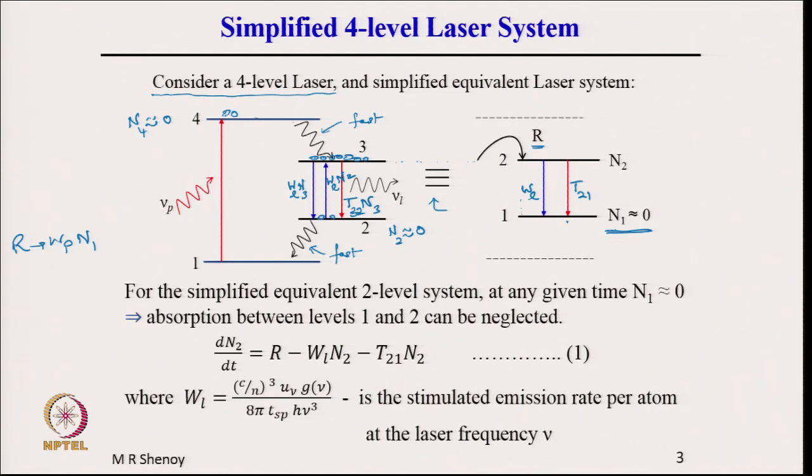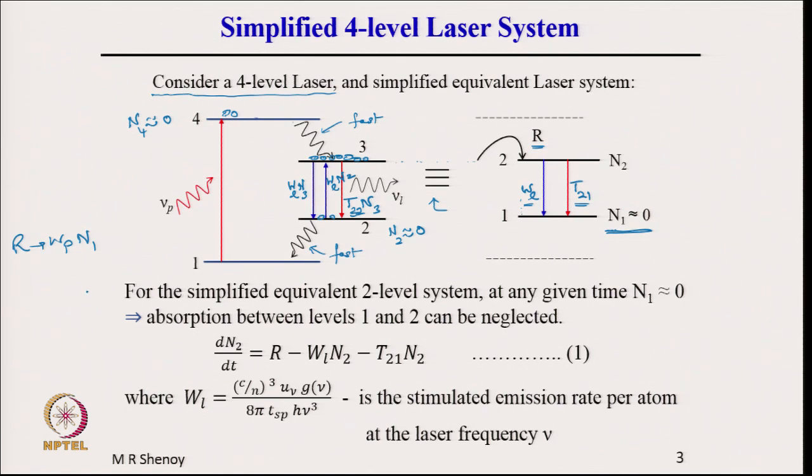So, what we have shown is, because N2 is nearly 0, this upgoing transition is neglected, and we are left with only 2 transitions. They are shown here, WL and T21, and N1 is of course very nearly equal to 0.